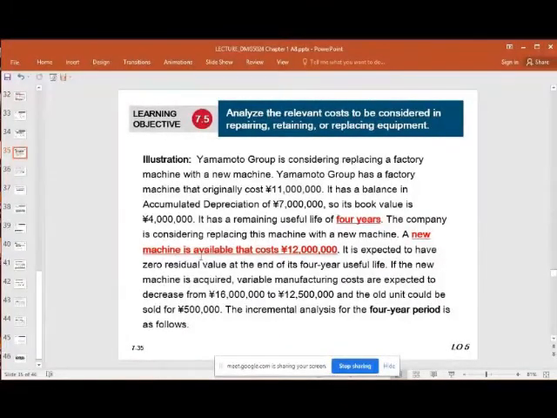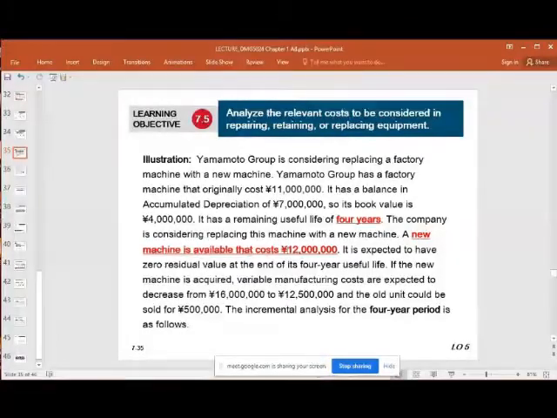Or another example will be handphones. Let's say you buy a Samsung handphone. After 2 years, then you sell it at maybe 500 ringgit. That 500 ringgit is your residual value.